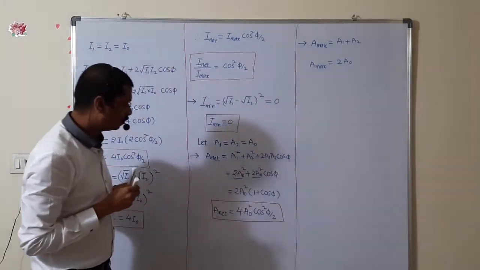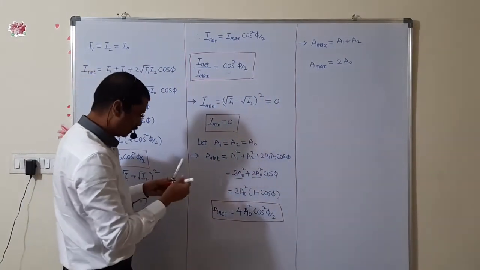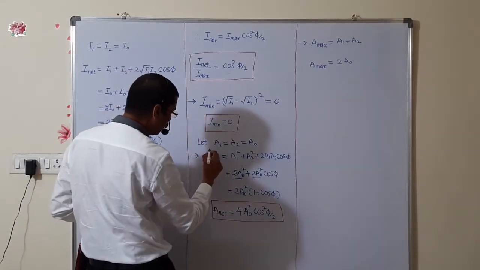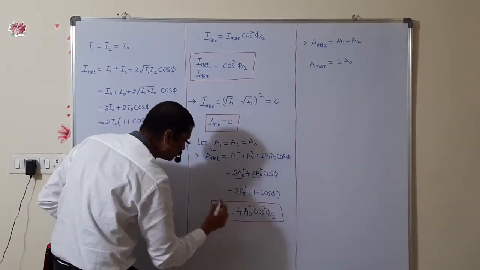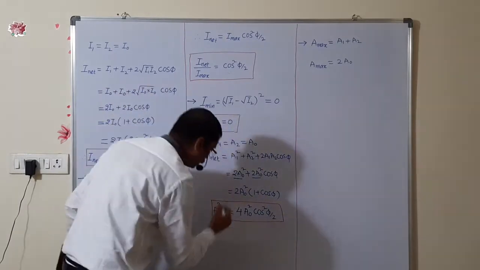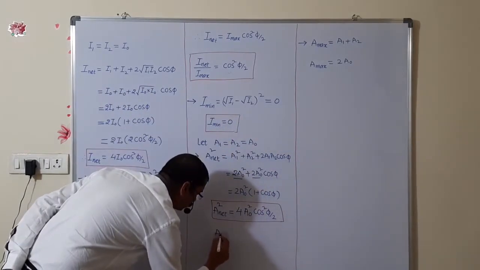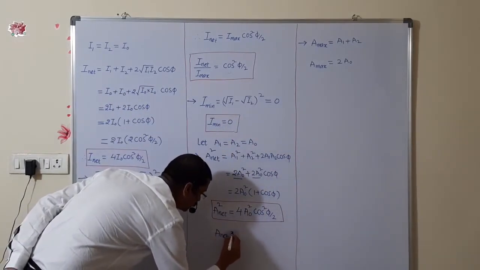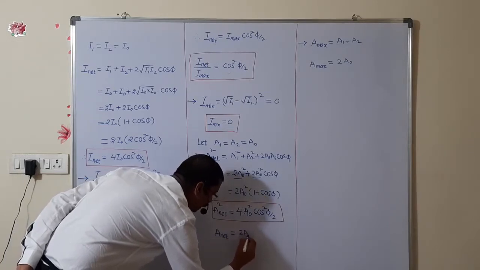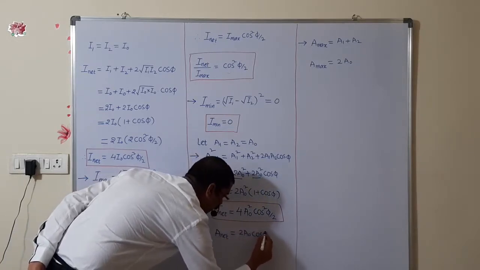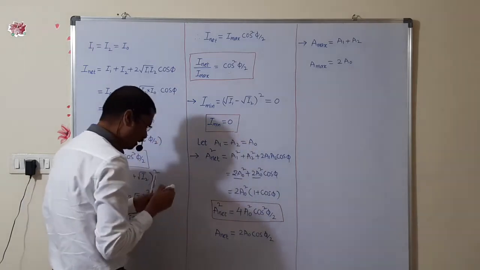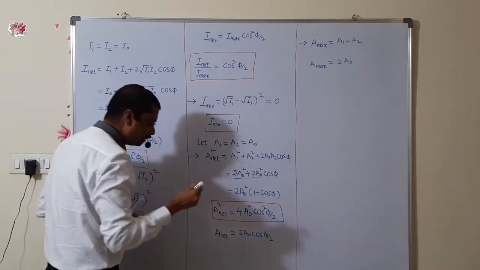Now, writing this one, A net is 2 A naught cos phi by 2. This value is the maximum value.